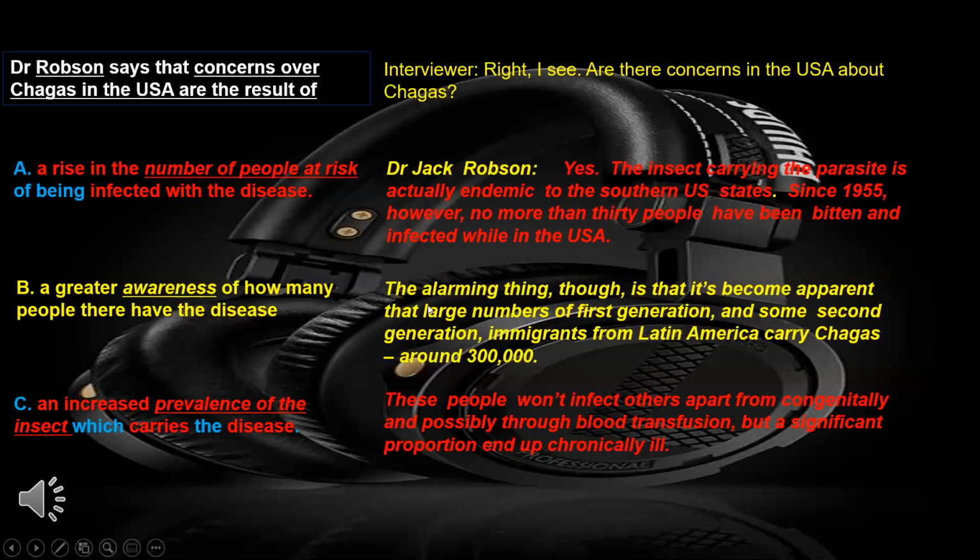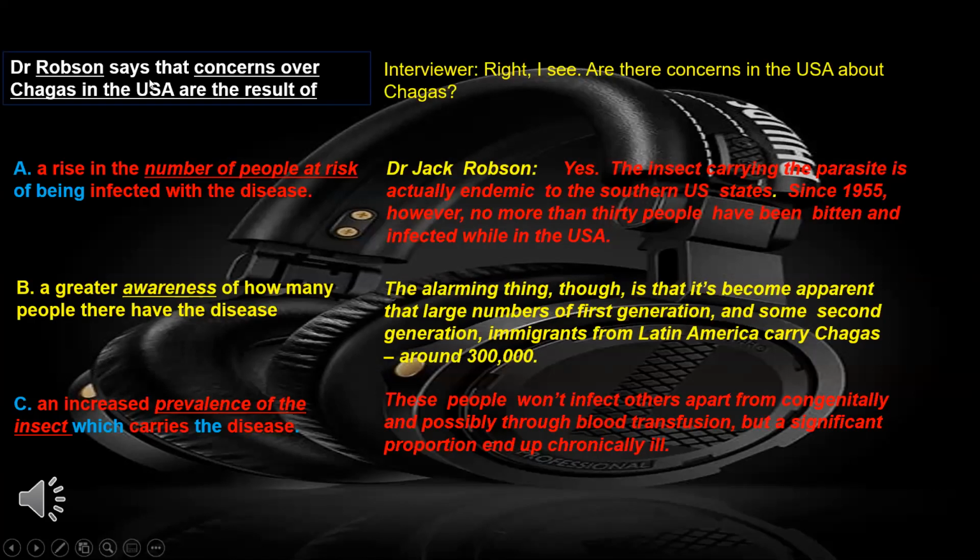For the second part, the alarming thing, though, is that it's become apparent that large numbers of first generation and some second generation immigrants from Latin America carry Chagas, around this number. The alarming thing, concerns.